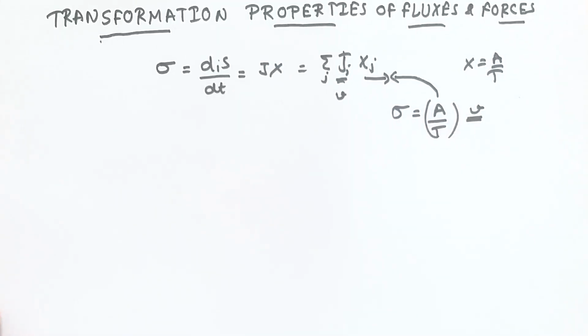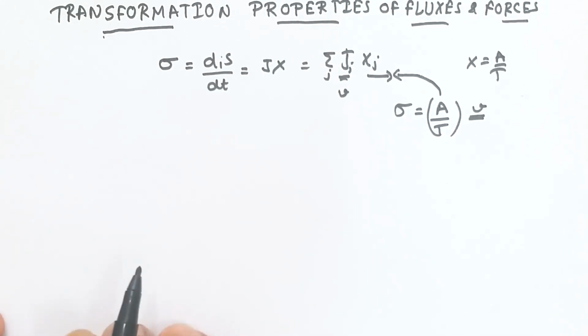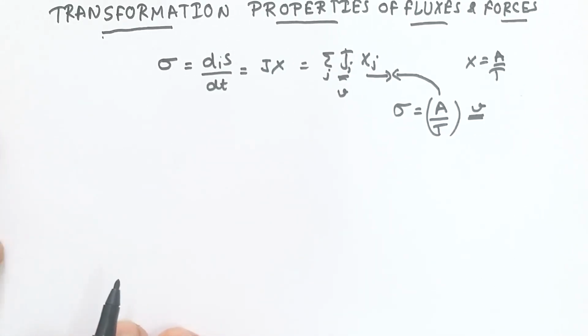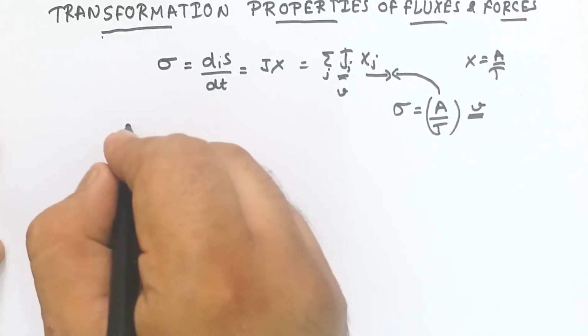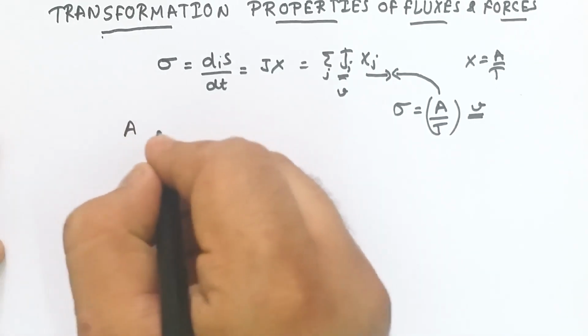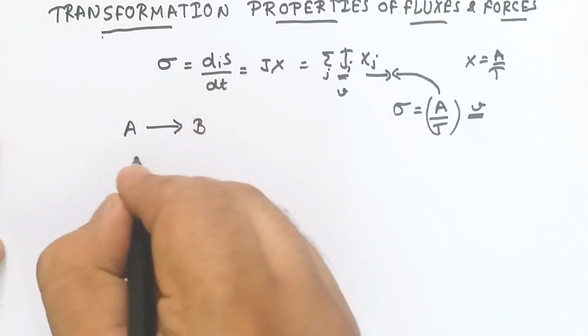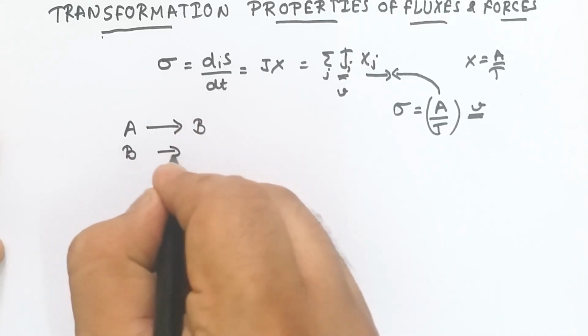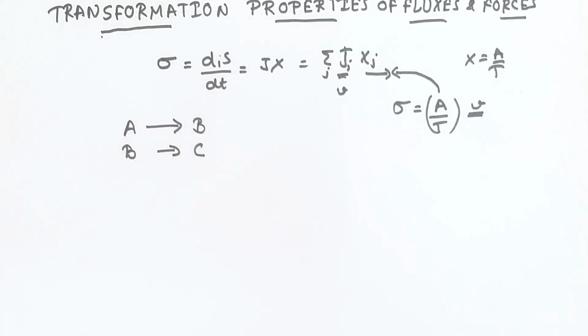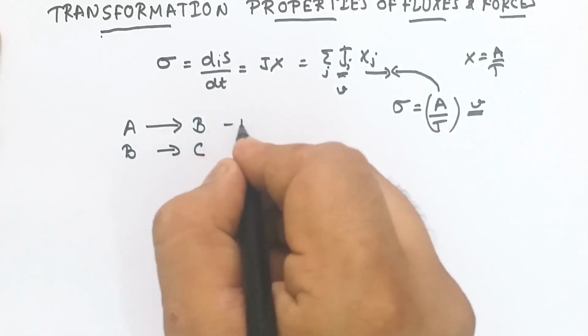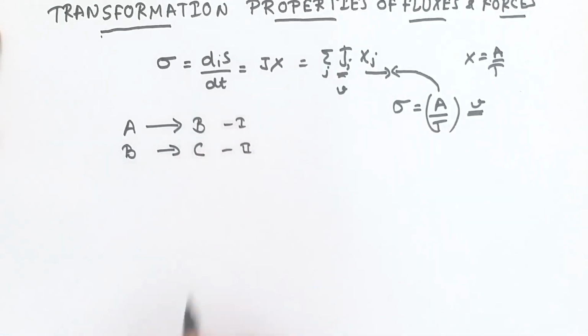Okay, now suppose over here we are considering that a consecutive reaction is taking place. We have already discussed the kinetics of consecutive reactions. So the consecutive reaction is A gives B, and then B will react to give C. So this is the consecutive reaction that is taking place. This is our first reaction, this is our second reaction.